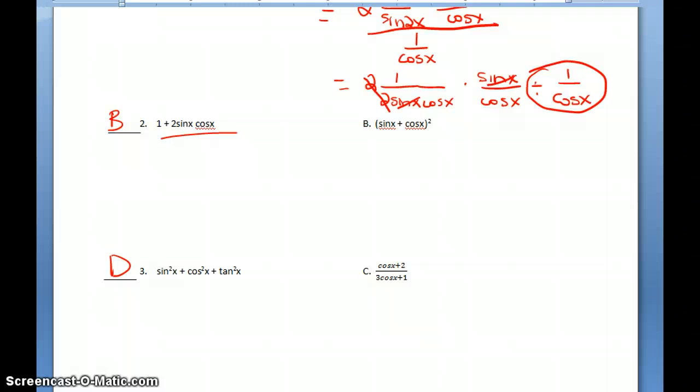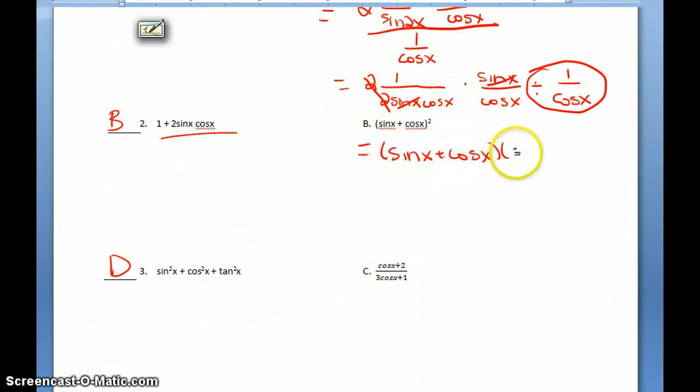Anyways, let's try doing B, sorry. Here we have sine x plus cos x squared. That can be rewritten as sine of x plus cosine of x times sine of x plus cosine of x. From here we're going to use FOIL, so we're going to distribute.